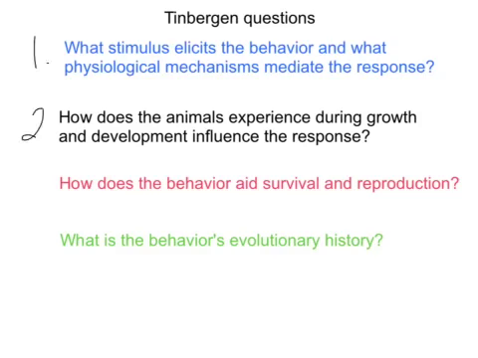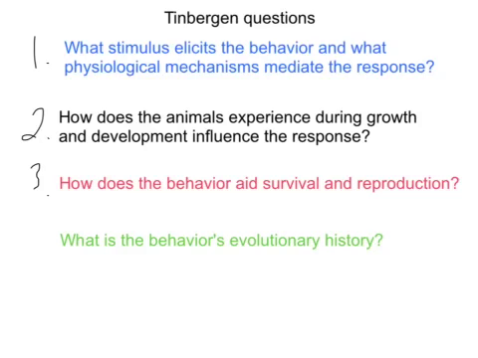The second one, how does the animal's experience during growth and development influence the response? So this is part of that learned behavior. As the animal is growing and developing and seeing other fish have this response, is that going to influence it? The third being, how does the behavior aid its survival and reproduction?